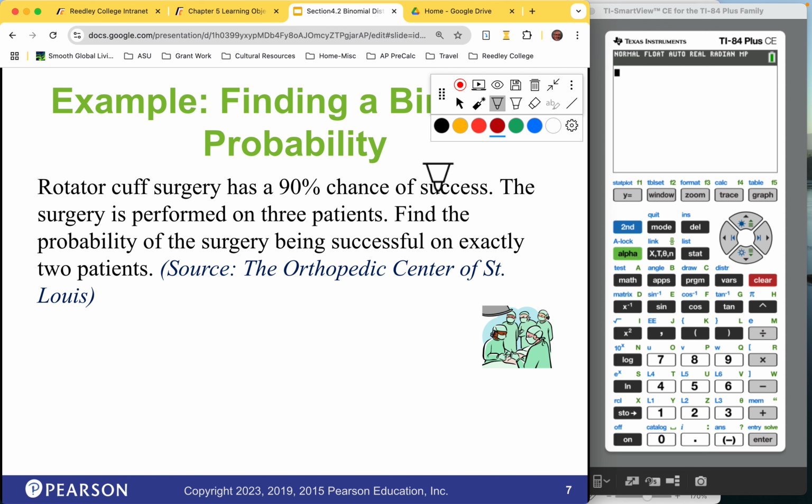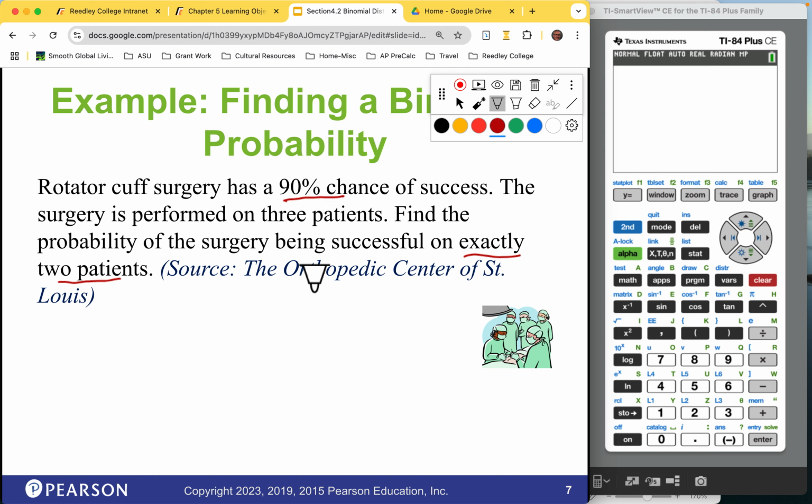The surgery is performed on 3 patients. Find the probability of the surgery being successful on exactly 2 patients. Exactly 2. Is it binomial? Yeah, it is, right? What's the probability of success? 90%.